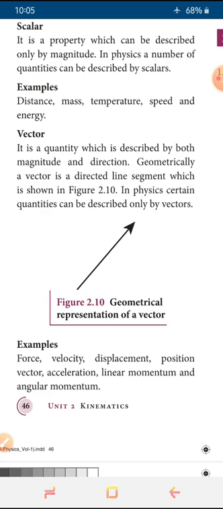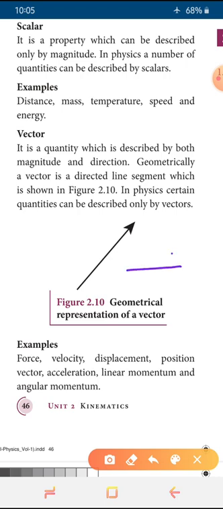This vector we can represent with a diagram. That vector diagram representation is shown in figure 2.10. Here we use a straight line with an arrow mark. This is the representation of a vector.